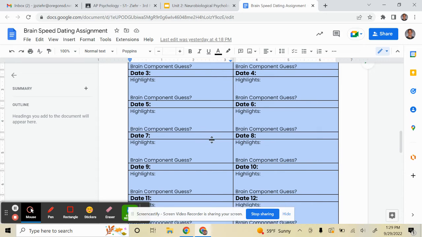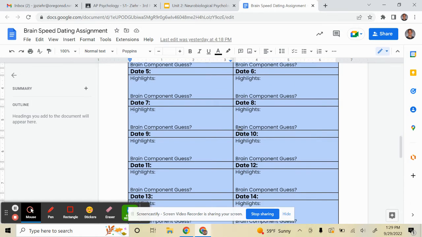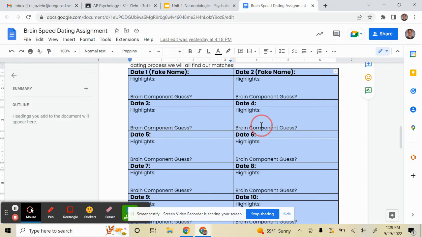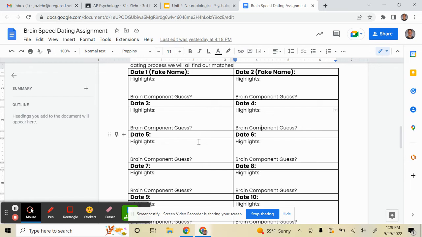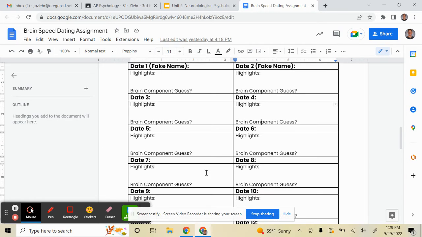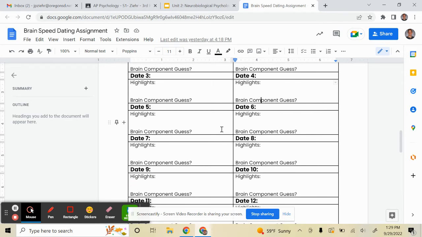Now, one thing to note on this, I believe in most of my classes, there's at least one set of 3. So there's a threesome. It could be the case that if you find your match, you can just sit down next to that person and wait while other people go around and continue this process. But there might be one lone person at the end. And it could be the case that they don't find their match simply because they don't realize that the people that are done with this process might actually be their match.